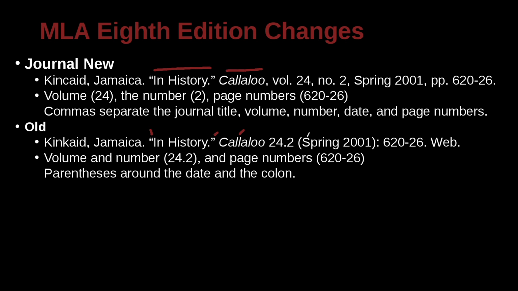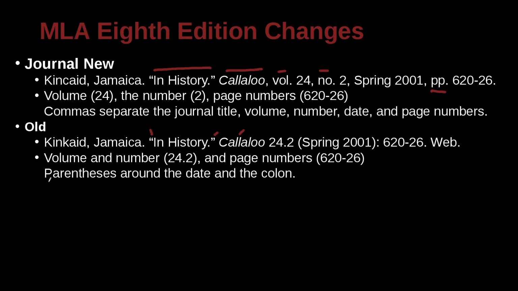Then we would have had spring 2001 inside parentheses like this. So we eliminate the parentheses. We add PP for page numbers, P for one page, PP for multiple pages. And for the volume and the number, we write them out now, very simple, with a period and then a comma in between.